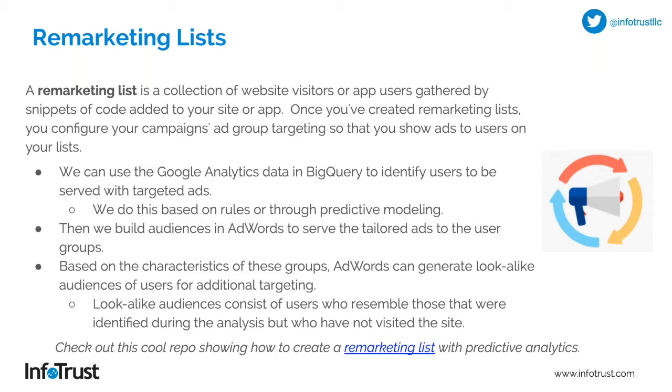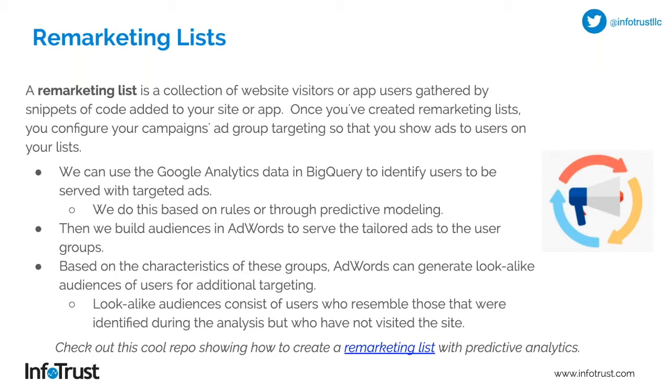There are numerous different ways that you can create remarketing lists, but one of the coolest examples that I can share with you is where you have a predictive model at the customer level, and it predicts the probability that each of those customers will convert.